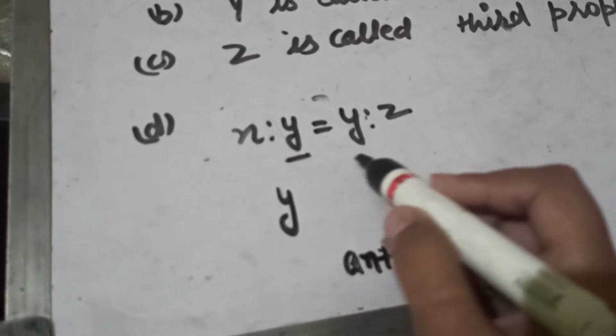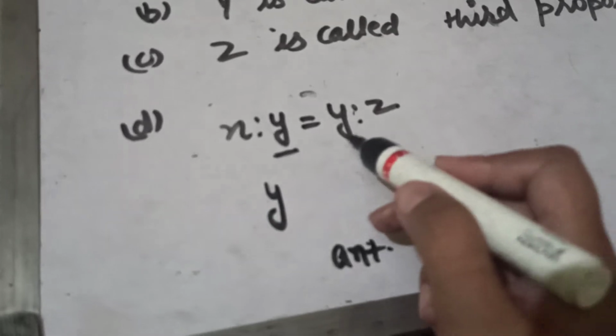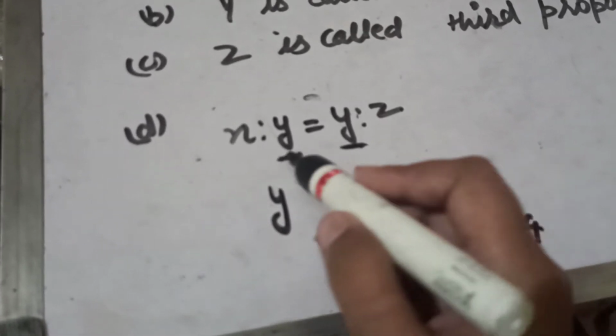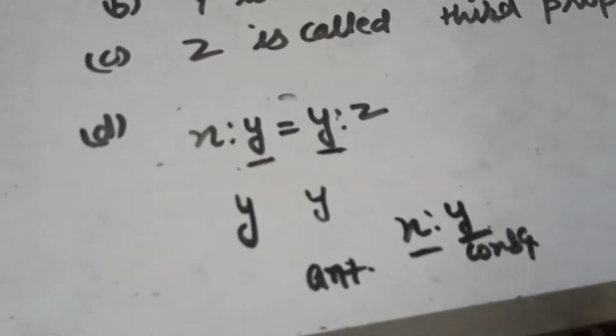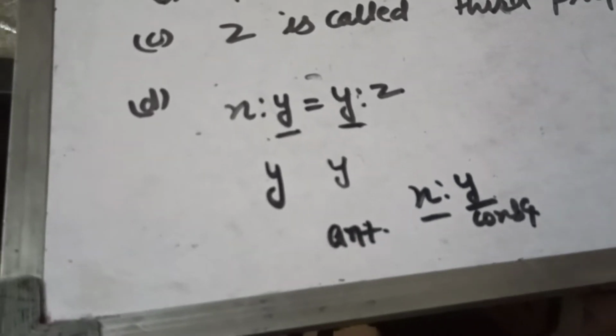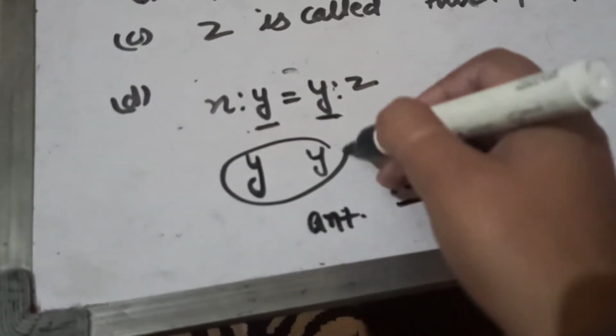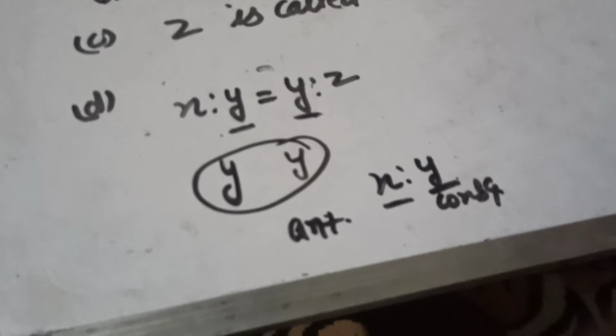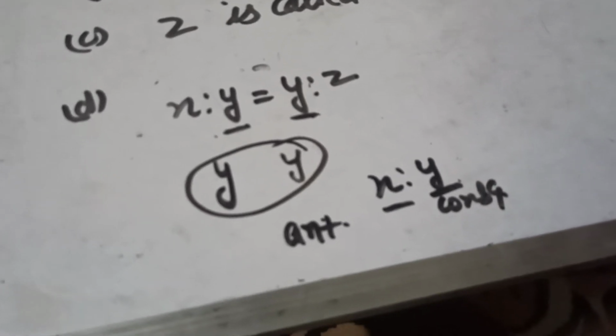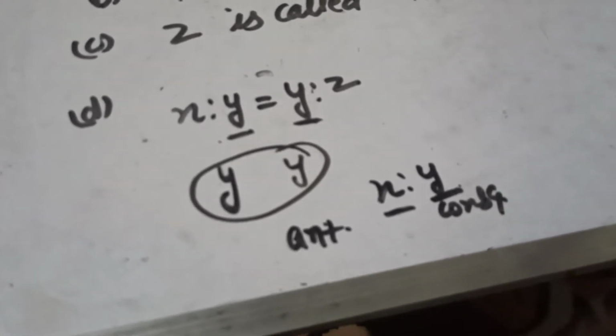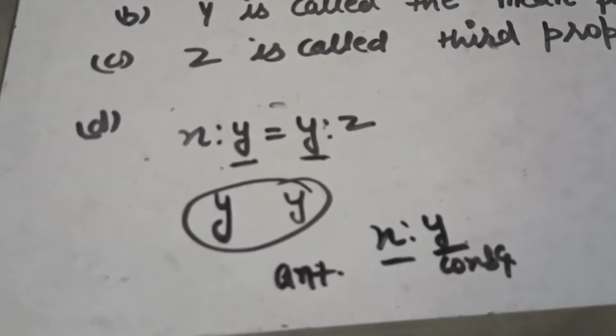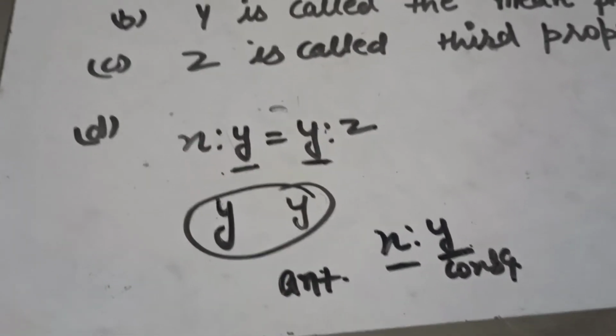So antecedent of the second ratio, this one y, and consequent of the second ratio, what is this? Y common, and this one is continued proportion. This is in continued proportion.